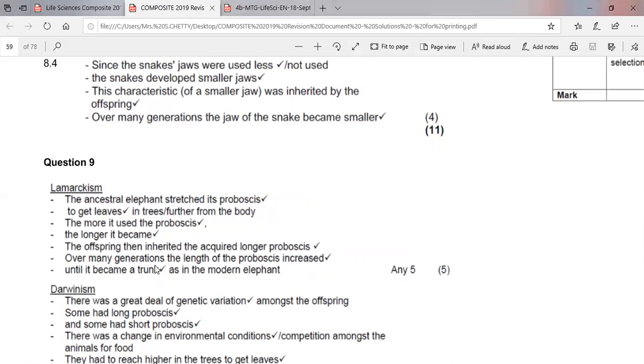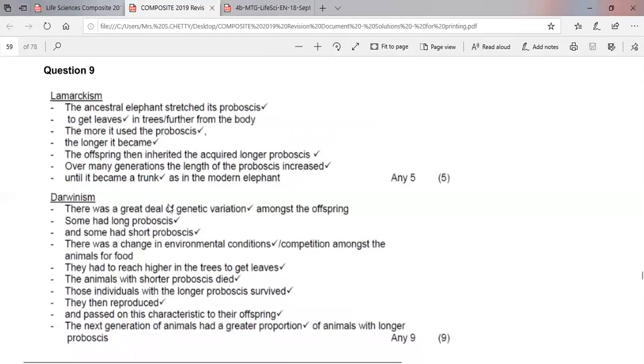What would Darwin have said? Remember, he would have said that there was a great deal of variation. Some of them had long proboscises, some of them had short. I hope that is the plural. Then there was a change in environment. He would always talk about the change, and the competition for food began. So the change in environment was most probably that there was no food down low and there was only food higher in the trees, just like the giraffes.